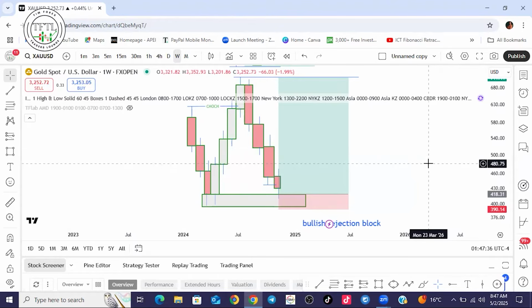When the market is creating lower lows and lower highs, that's a downtrend. So also you want to look at where we have a change of character, where we have a shift in market structure, where we have the BOS, that is the break of structure. So those are the very basic concepts that you need to understand in ICT for you even to be able to trade these blocks or points of interest effectively.